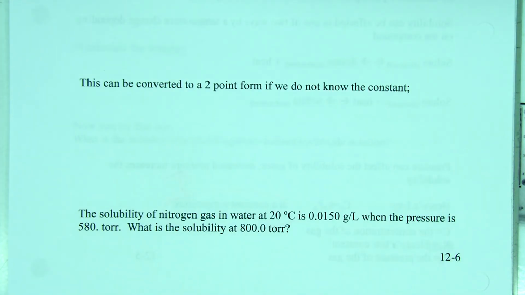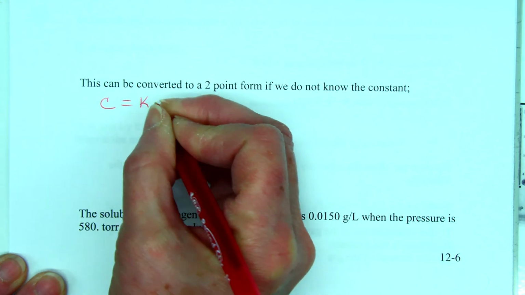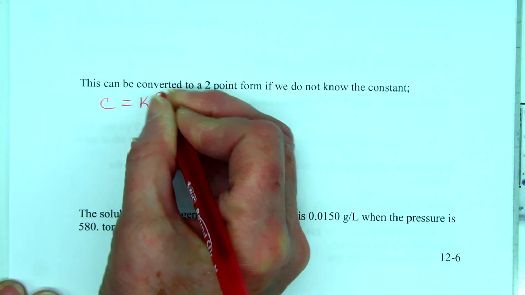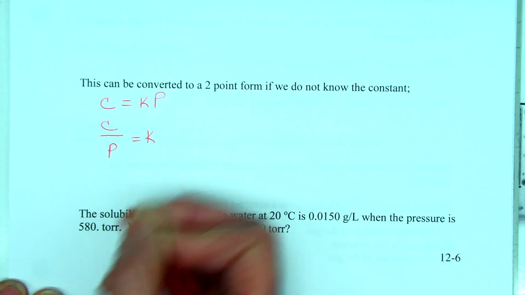So in the first couple of examples, we knew the Henry's law constant. Sometimes we don't. So we can convert to a 2-point form if we don't know the constant. We know in Henry's law that the concentration is equal to the Henry's law constant K times the pressure P. So C divided by P is equal to the Henry's law constant.